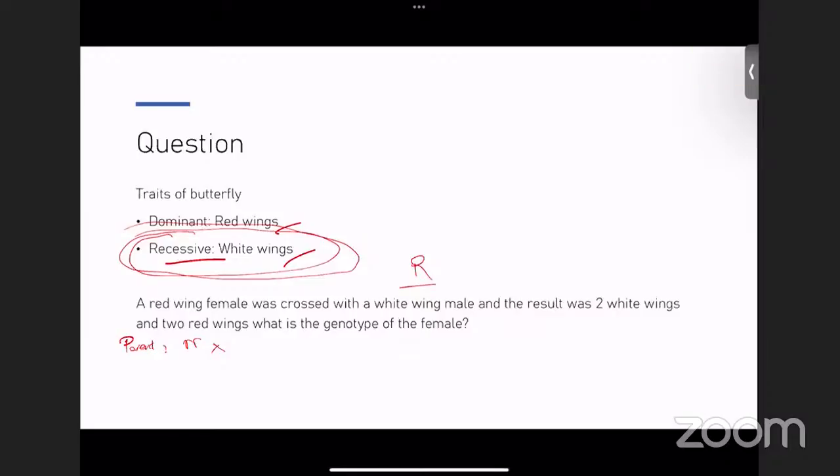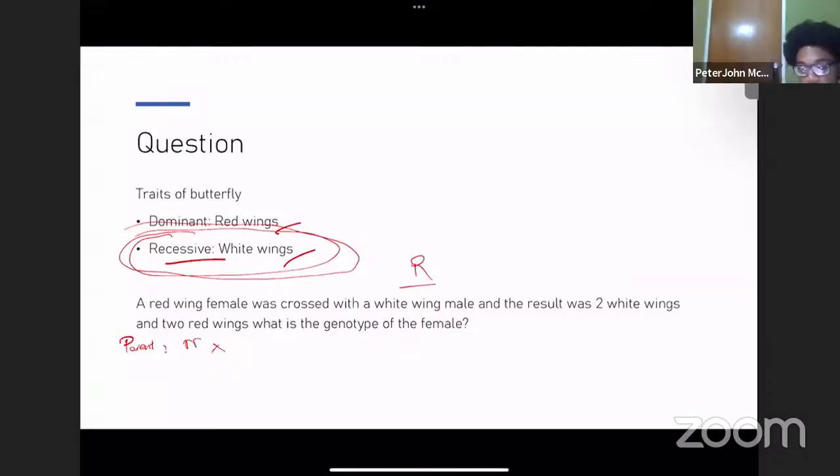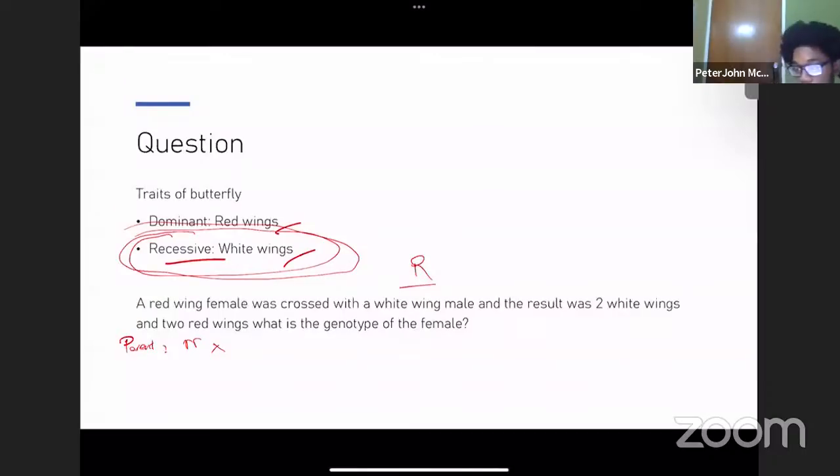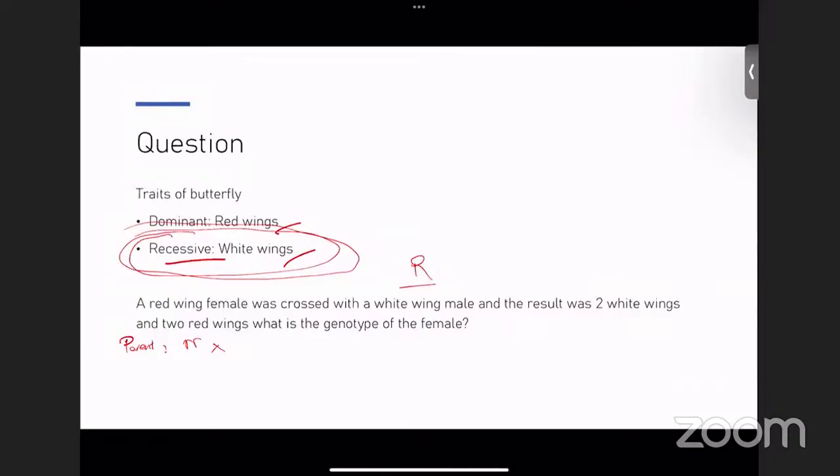Dominant then. What kind of dominant? Should it be homozygous or heterozygous? Guys, choose. Who says heterozygous? Type in the chat.